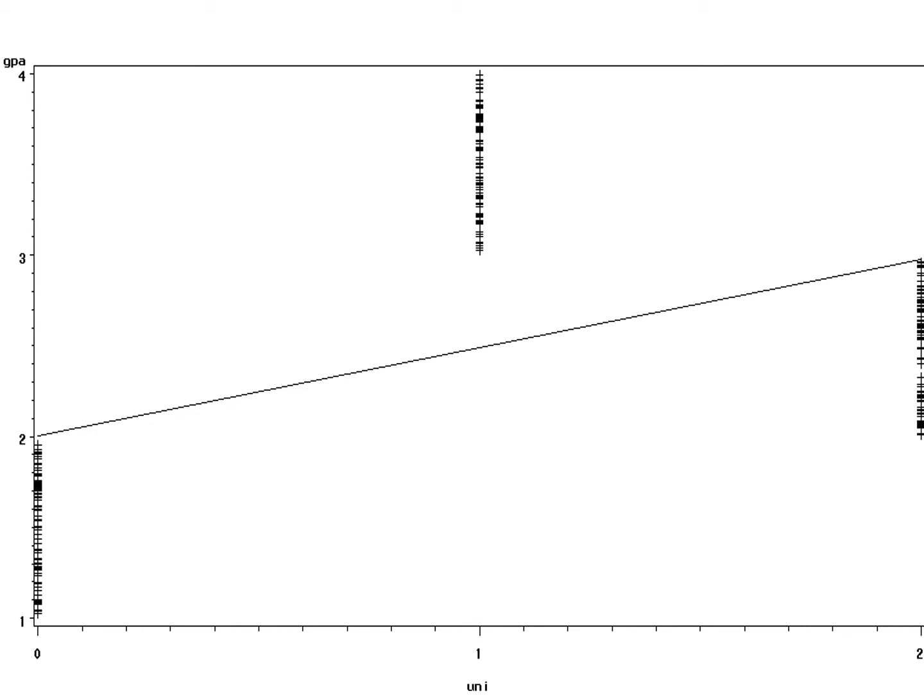Our prediction equation, if you were from Penn State, estimates that you would have a GPA of 3.5, right? Party school that it is. And in fact, that seems to fit the data really well, doesn't it? And then finally, our prediction equation estimates that if you're from Temple, your GPA would be 2.5. And again, look at the cluster of Temple students, all between a 2 and a 3.